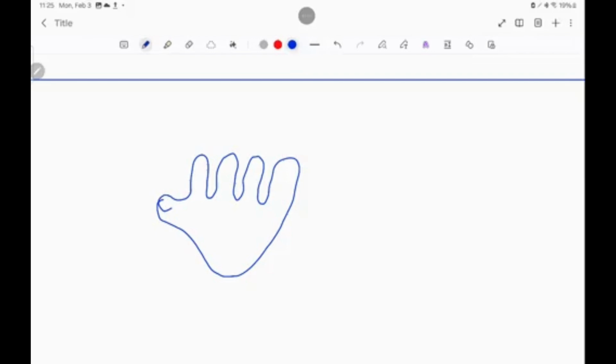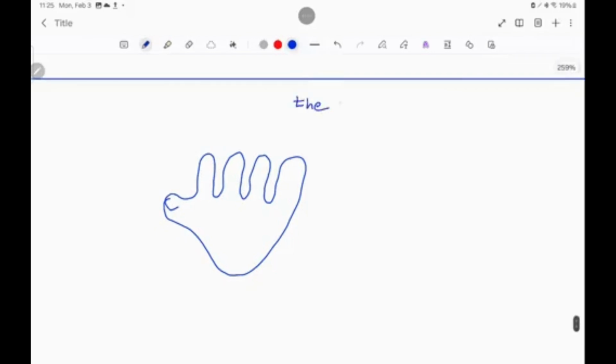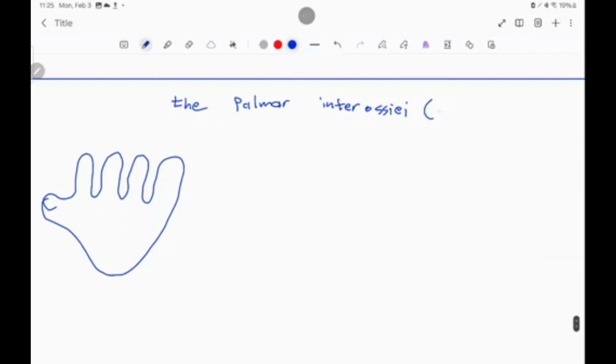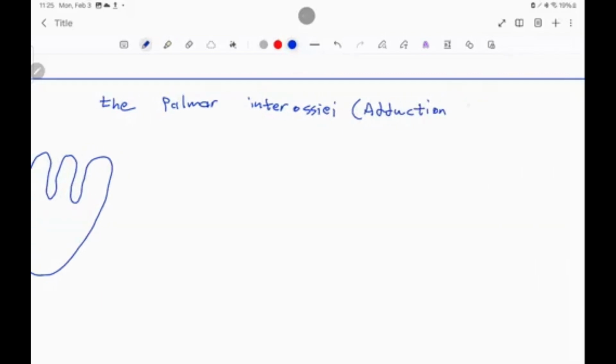Let's start with the palmar interossei. Palmar interossei perform which function? Adduction of the fingers.